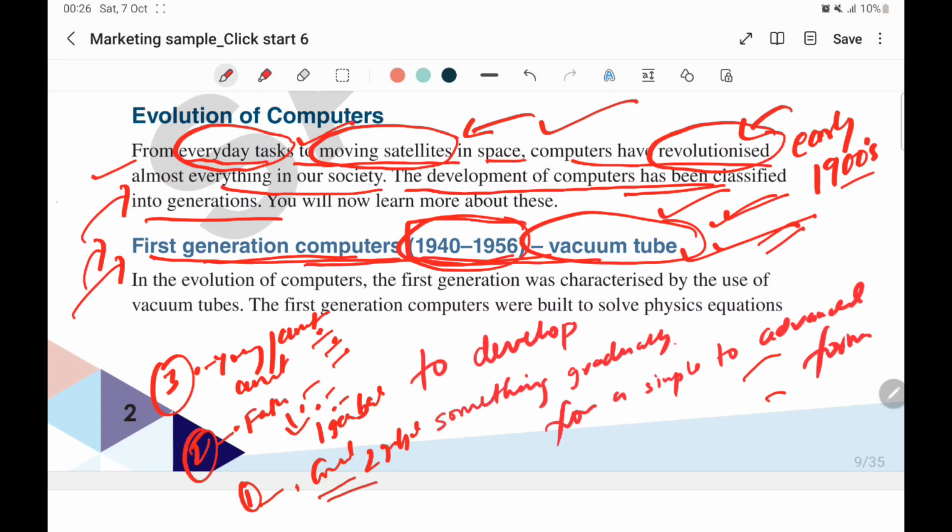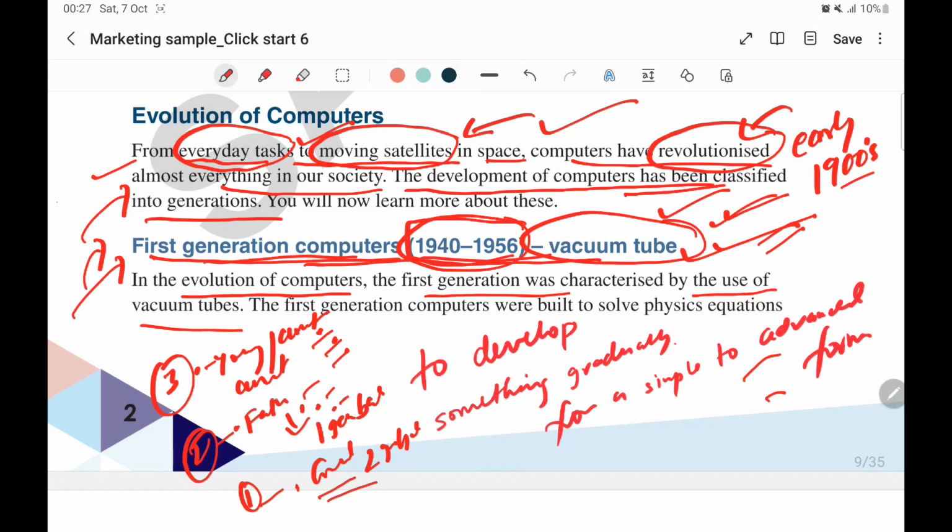So what is a vacuum tube? During the evolution of computers, students, design and development were very common. Computers were evolving. The first generation, during 1940 to 1956, was characterized by the use of vacuum tubes.